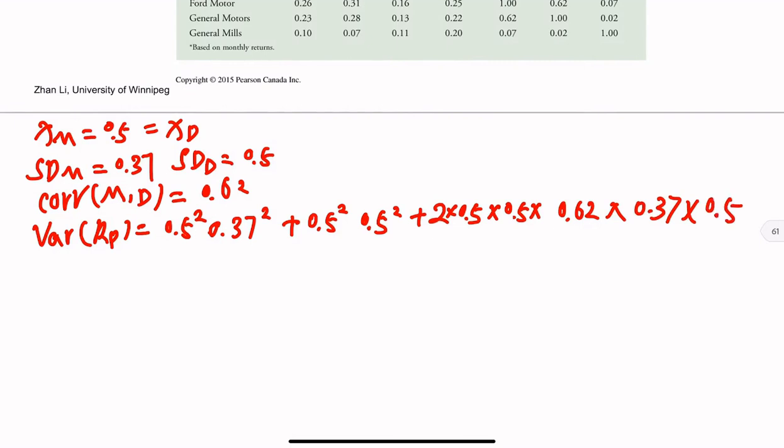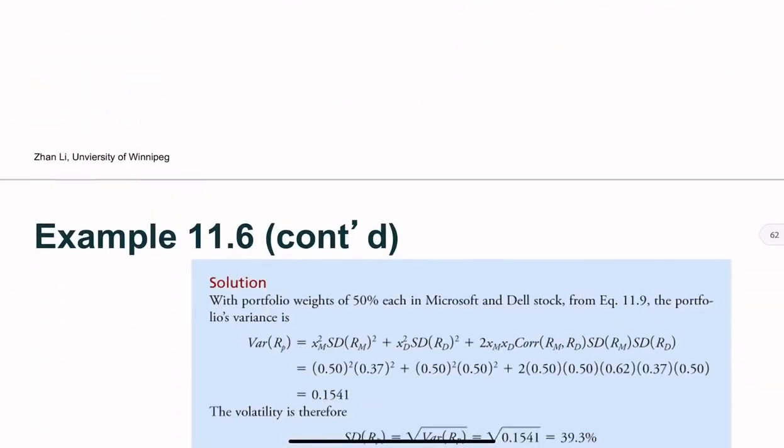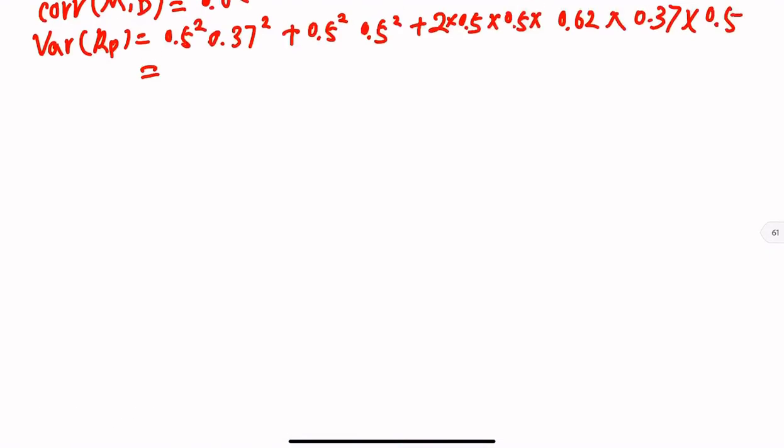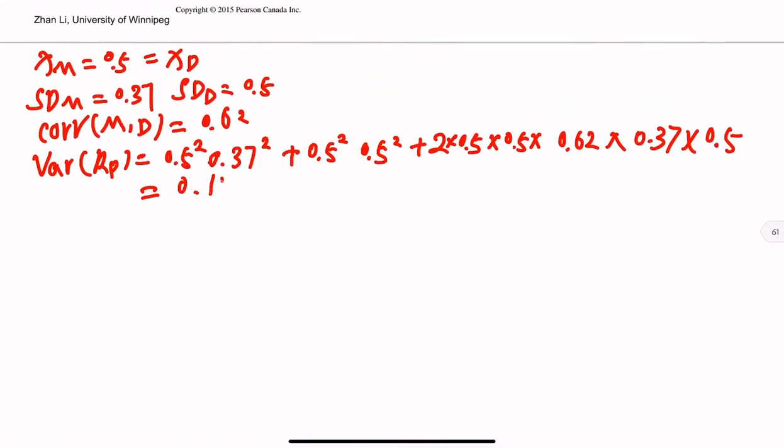This will give you the correct answer, I think it's 0.1541. Now, what is the volatility? Volatility is the square root of variance.